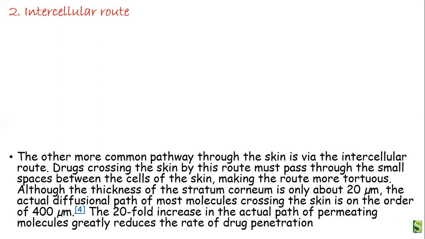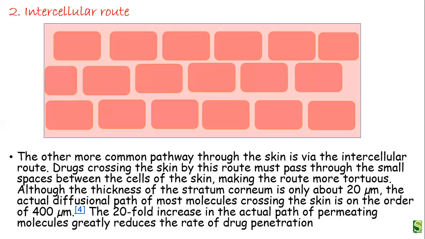Although the thickness of the stratum corneum is only 20 micrometers, here the diffusional path of most molecules crossing the skin is in the order of 400 micrometers, because it has to move around the cells. So the 20-fold increase in the actual path of the permeating molecule greatly reduces the rate of drug permeation.